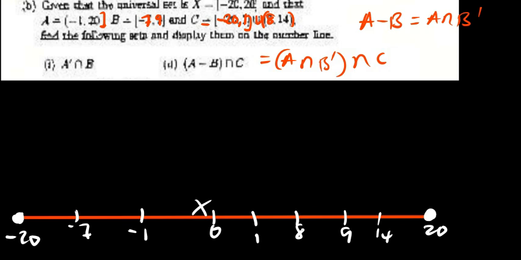Now if I want to work on this, the first thing I have to look at is what my A is. My A is from negative 1 all the way to 20. Negative 1 is not included, so I have to put an open. 20 is included, we already know that. So that is my A.